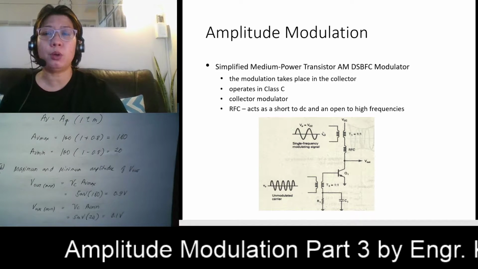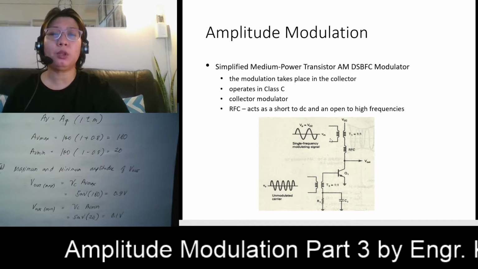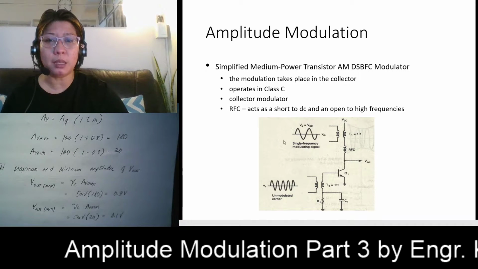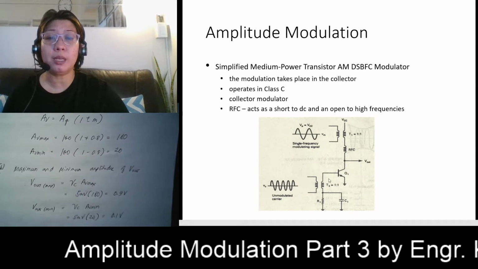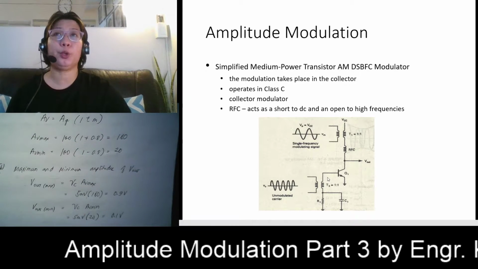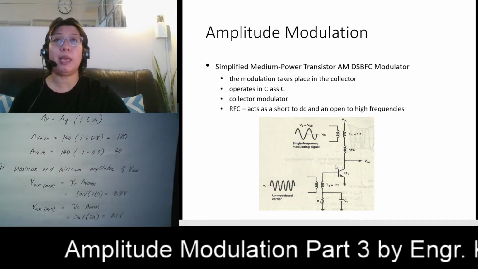So this time we call this a collector modulator because the modulating signal is applied across your collector terminal. Your unmodulated carrier, just like the previous example, is still being applied across your base terminal here.